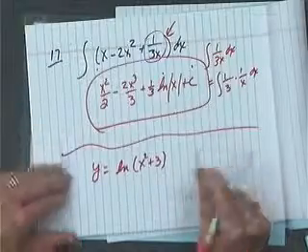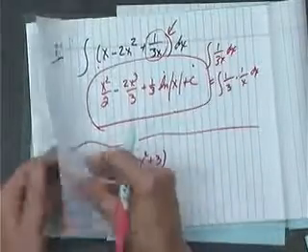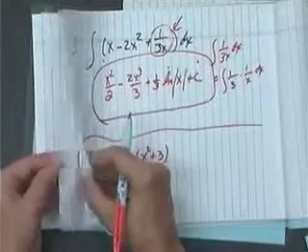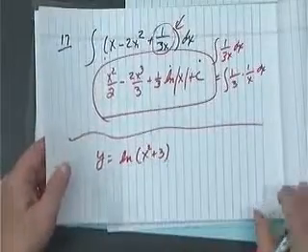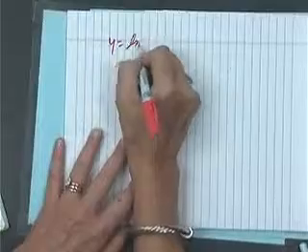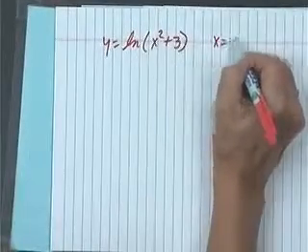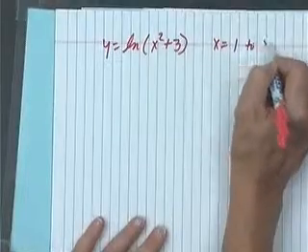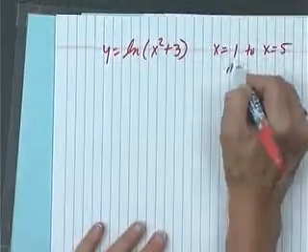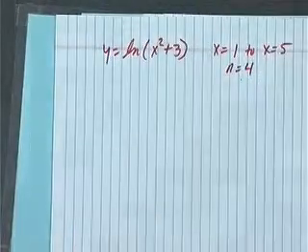And we were going to, let's do this from top just because I want you to know what the instructions mean if it says just put in all the right numbers. All right, so y equals natural log of x squared plus 3, and we're going to go from, say, x equal 1 to x equal 5, n equal 4.